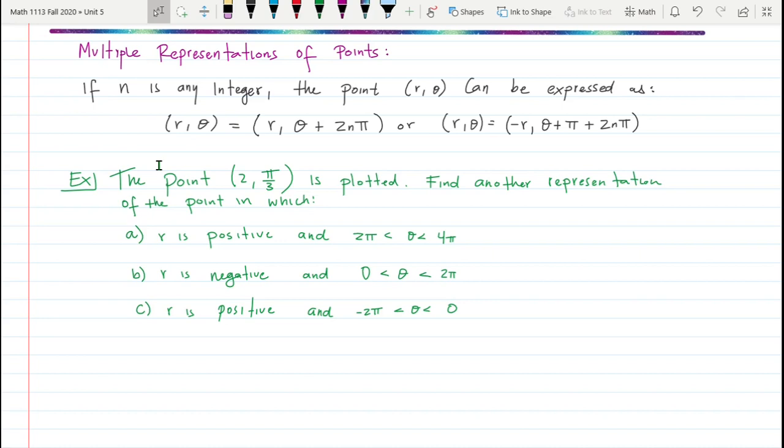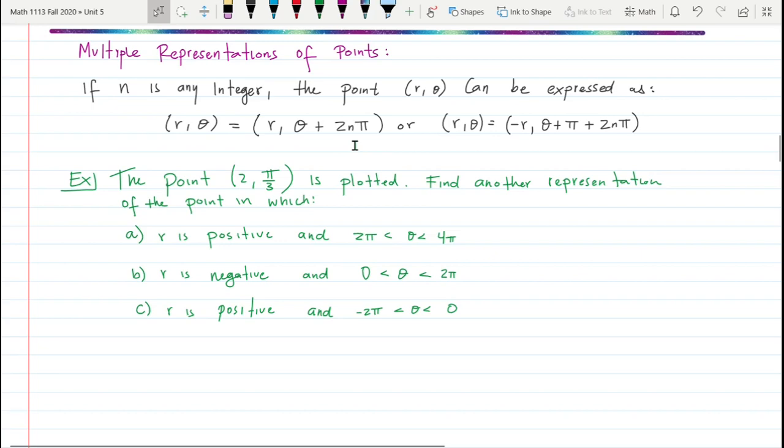So here's the more strict or rigid definition, right? If n is an integer, and we're looking at the point r comma theta, it can be expressed as: r comma theta is the same thing as the given radius, comma, theta plus some multiple of a rotation.